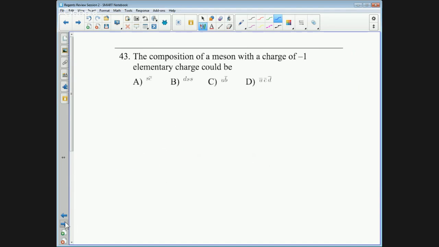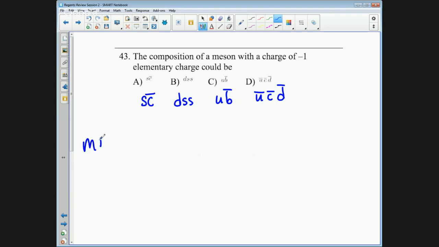For number 43, the composition of a meson with a charge of -1 elementary charge would be what? I'm just going to rewrite this because I can't see it. The choices are strange and anti-charm, down and strange, strange and up, anti-bottom and anti-up, anti-charm and anti-down.